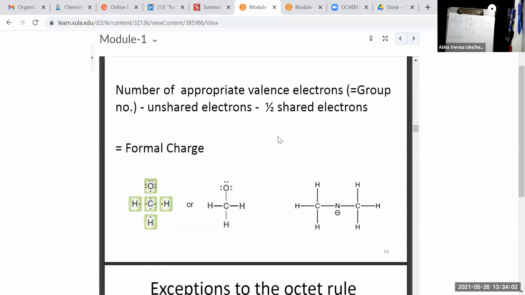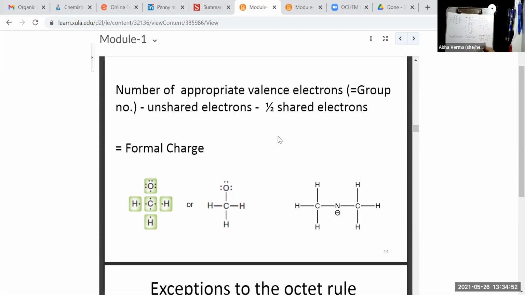But what I would like all of you to know is that formal charge is calculated by valence electrons of an atom in its neutral state minus the shared or the bonding electrons the atom has in that structure divided by 2.